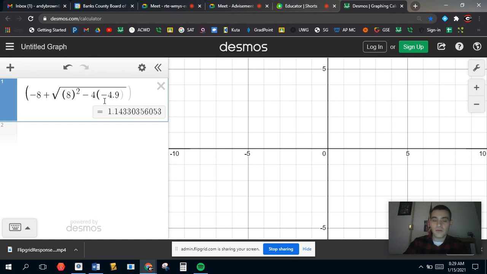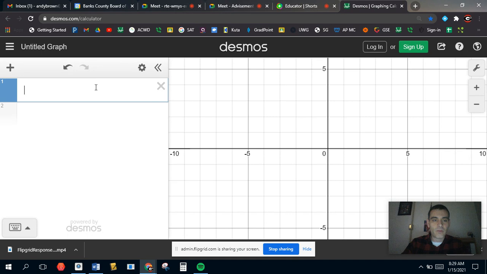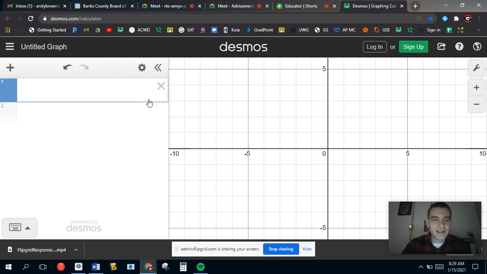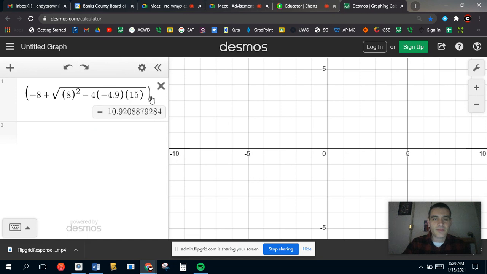Like Desmos, once you start a parenthesis, it will remind you that you need to finish that parenthesis. So you can kind of see this little gray parenthesis here. And I just did something and it went away. I'm not sure what I did. Let me undo. There we go. I want to divide that. All right, so I anticipate having an issue here with decimals.